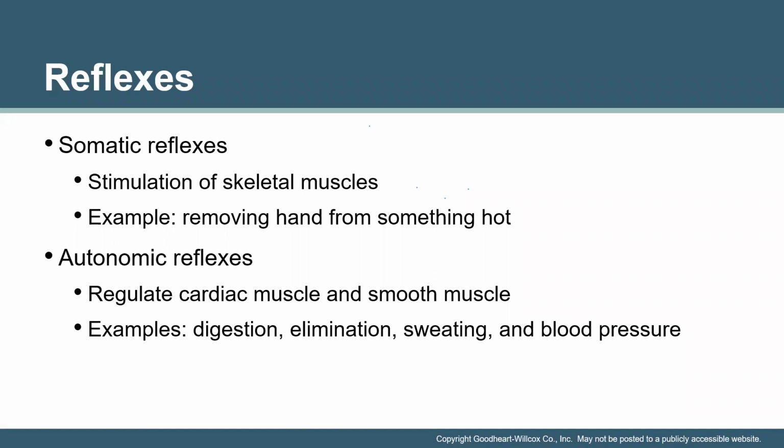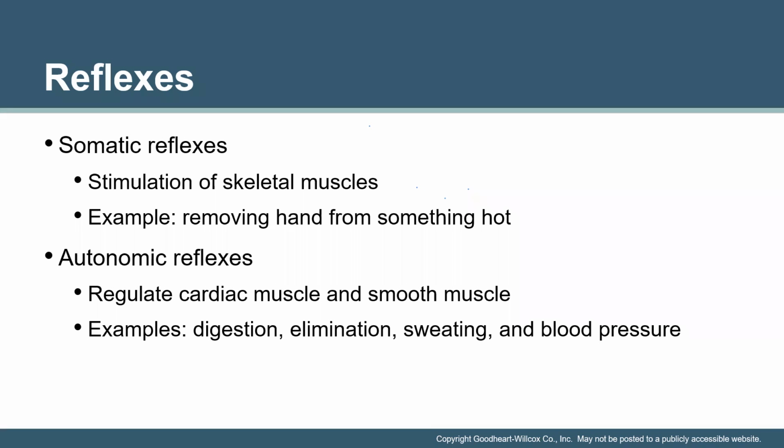This will involve the transmission of impulses that follow a specific arc that includes both peripheral and central nervous system structures. Somatic reflexes are those that involve the stimulation of skeletal muscle. Again, somatic tells us body wall, muscle, bone, joint stuff, okay? Autonomic reflexes help regulate cardiac muscle as well as smooth muscle.